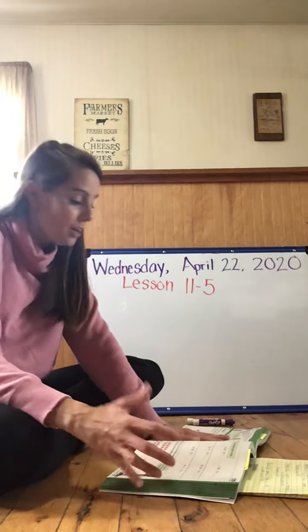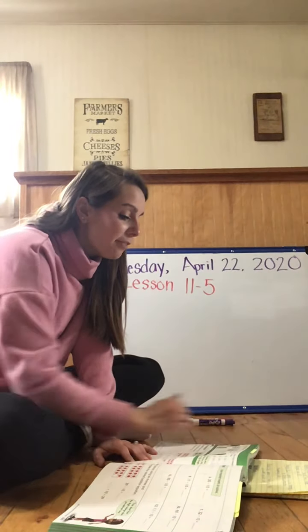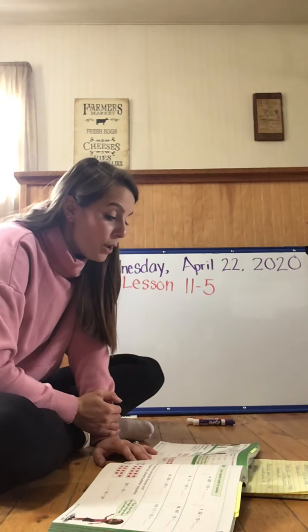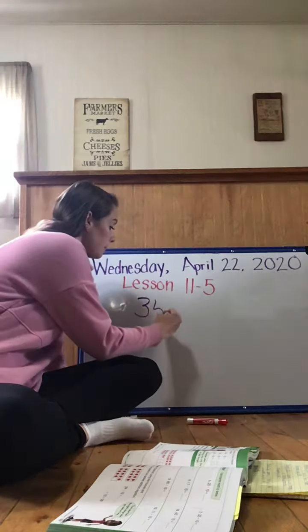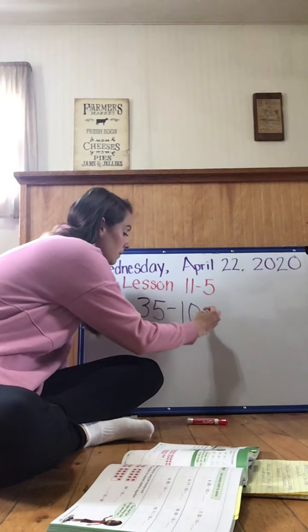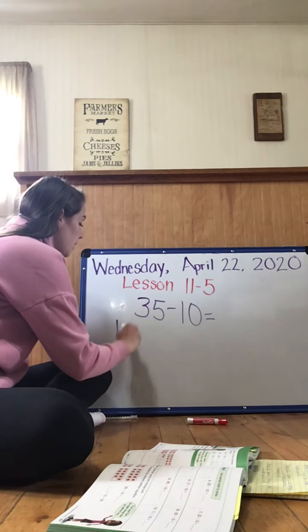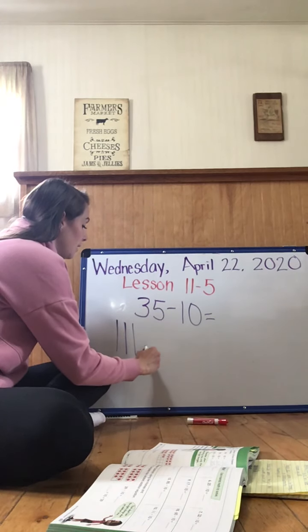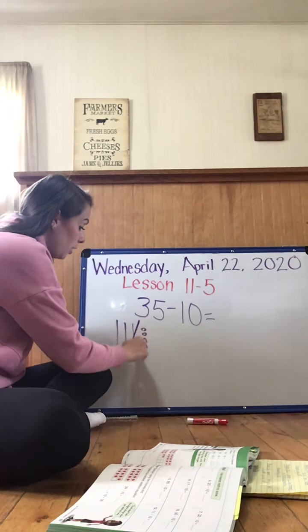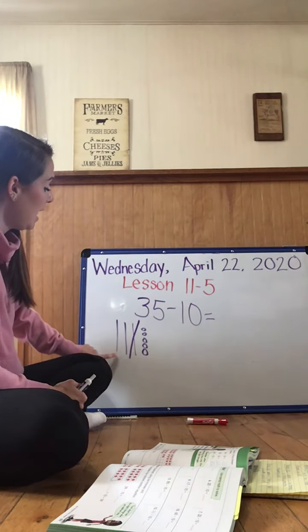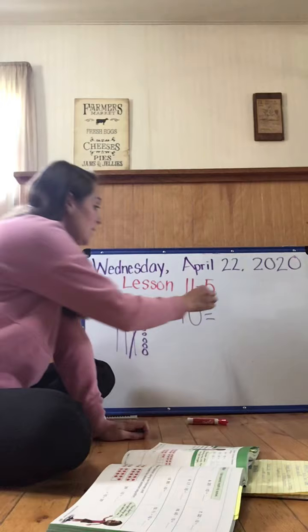So for today's lesson, we're going to look at different strategies that we can use to think about a number that's 10 less. On page 636, it says you have used different ways to subtract 10s. They told you on that page, 35 minus 10. So maybe your brain works like mine, and my first thought was, I can draw my 3 10s and my 5 1s, and I'm going to cross off one of those 10s, and I'm left with 10, 20, 21, 22, 23, 24, 25.